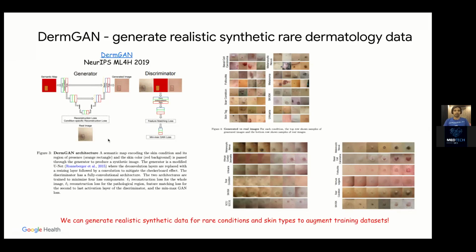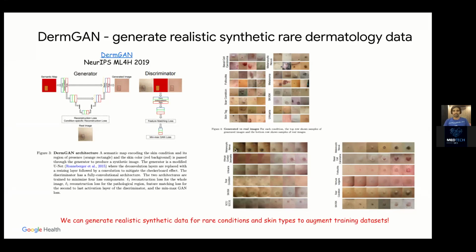This turned out to be quite good. We gave dermatologists a bunch of real and fake images for a given skin condition, and asked them to pick out which one was real and which one was fake. It turned out that these fake images were actually quite representative of some of the conditions that we have access to.